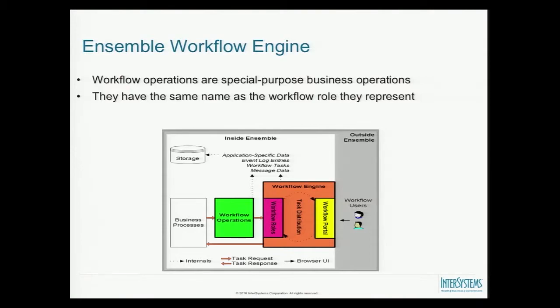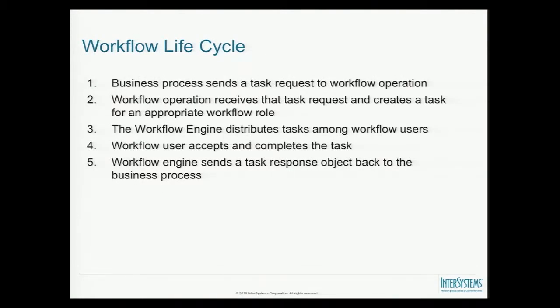Diagrammatically, we have workflow operations, which are specialist business operations within Ensemble, which are underpinned by a workflow role. So there's a relationship between the name of the business operation and the name of the role. They're essentially the same thing. Let's look now at the life cycle of a task.